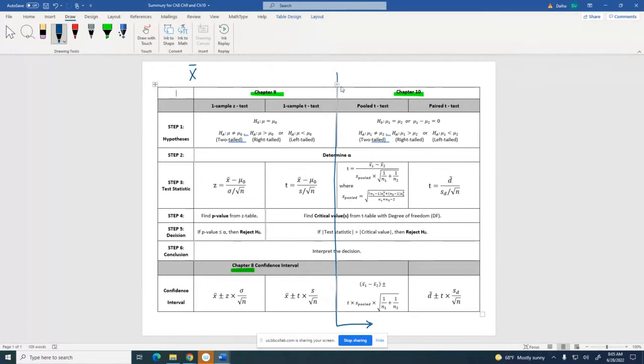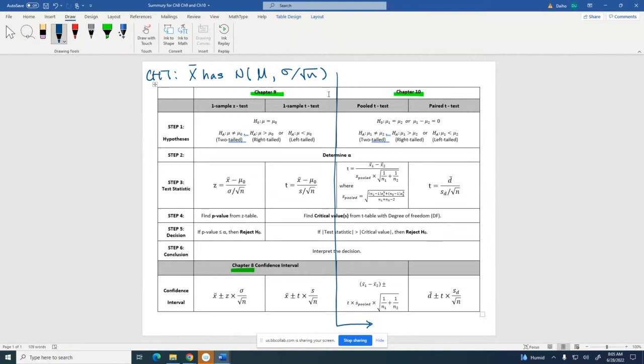So let me make a statement. The X bar has normal distribution. The mean is equal to the unknown population mean, and the standard deviation is sigma over square root of n, right? We got this in chapter 7.